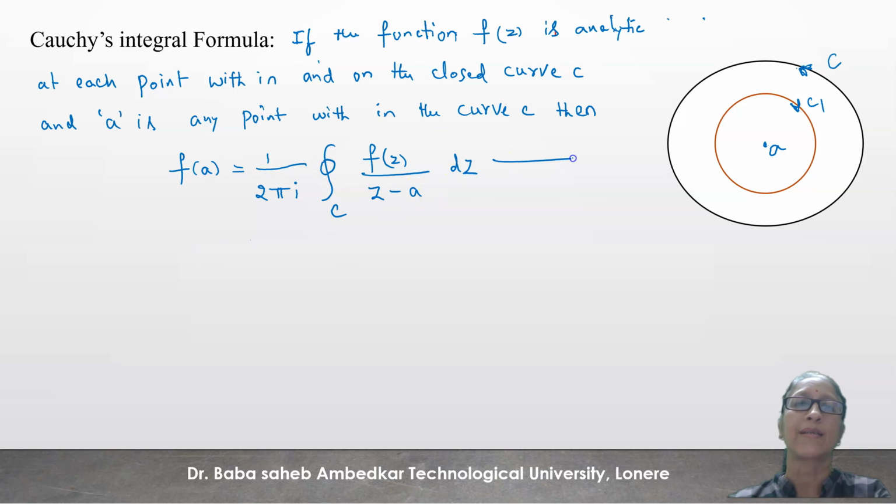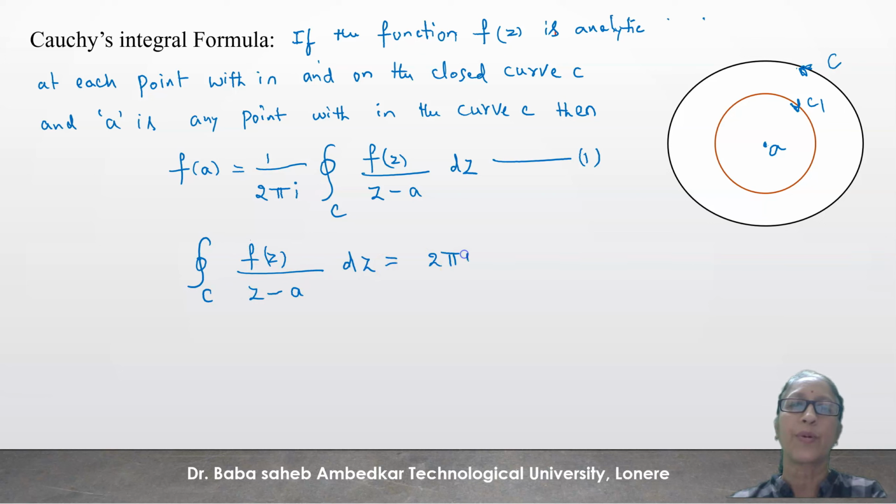Let us say this is equation 1. From this formula we can write the contour integration along C of f(z) by (z minus a) dz equals 2 pi i into f(a). Let us say this is equation A.